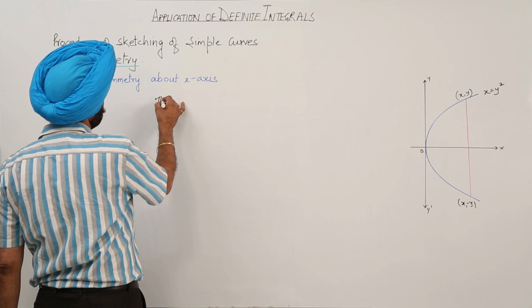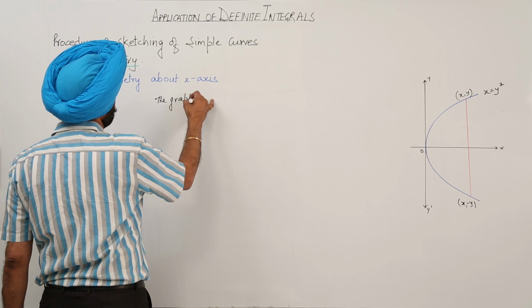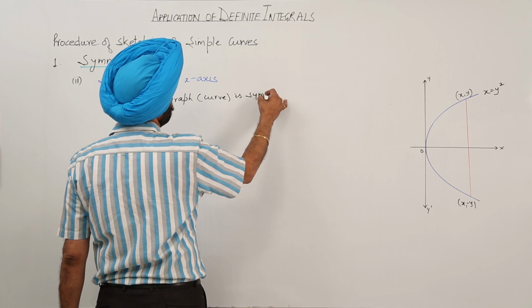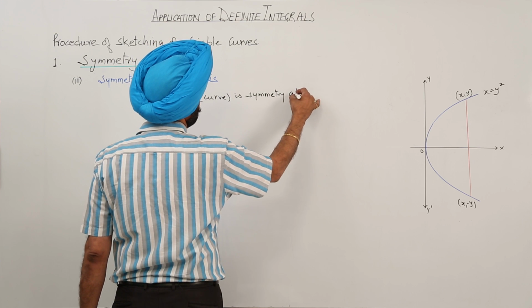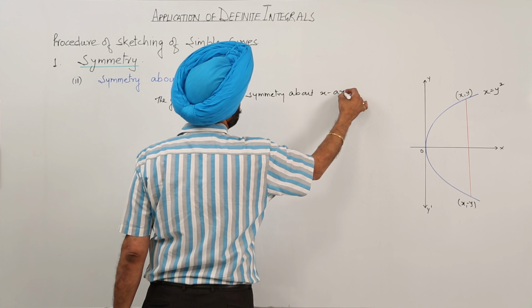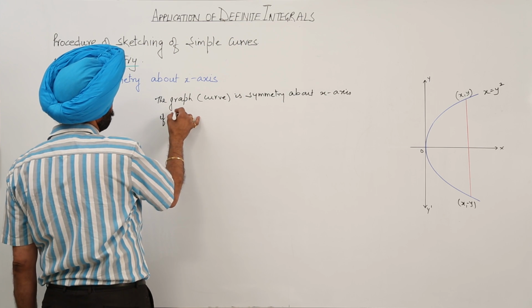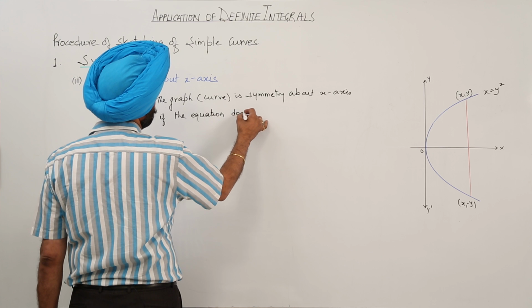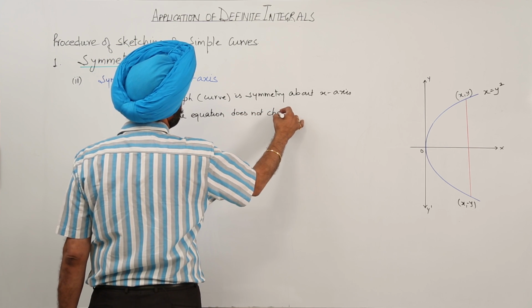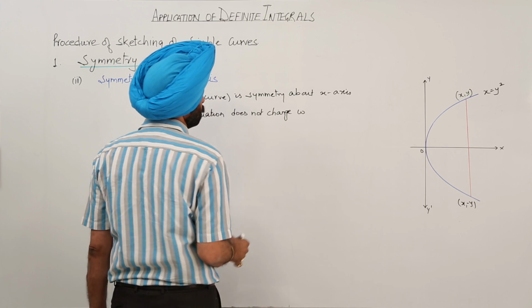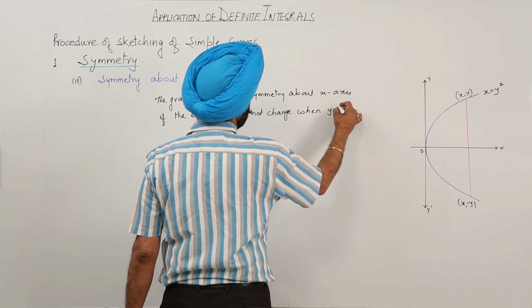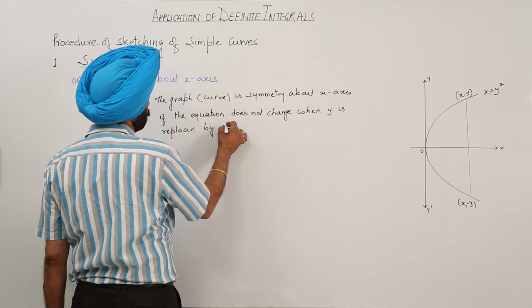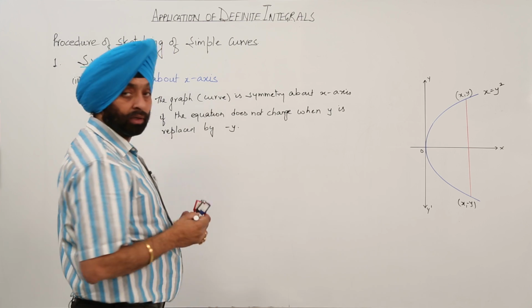The graph or the curve is symmetry about x-axis if the equation does not change when y is replaced by minus y, replaced by negative of y.